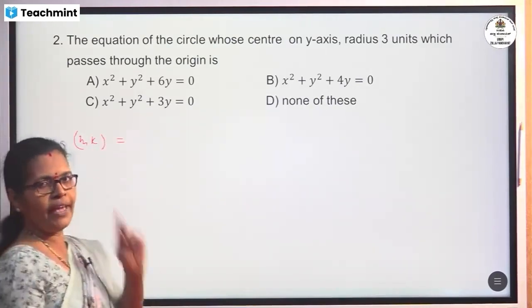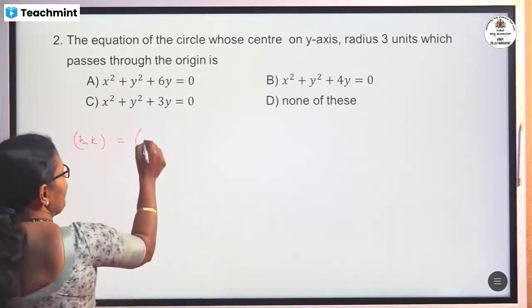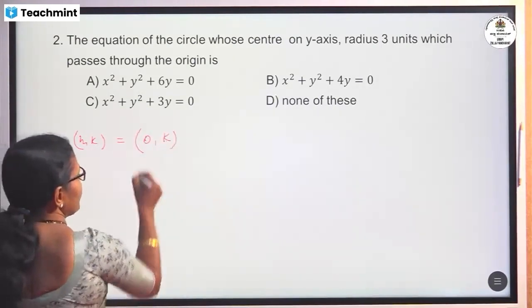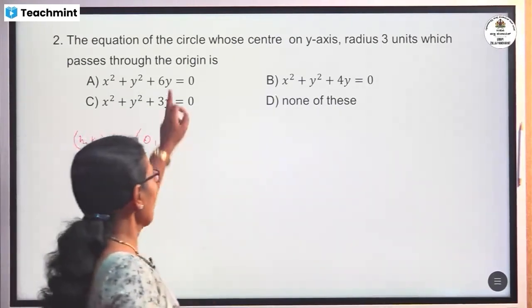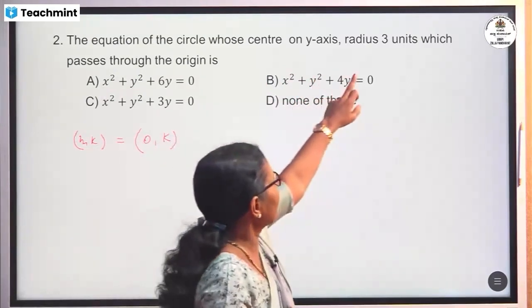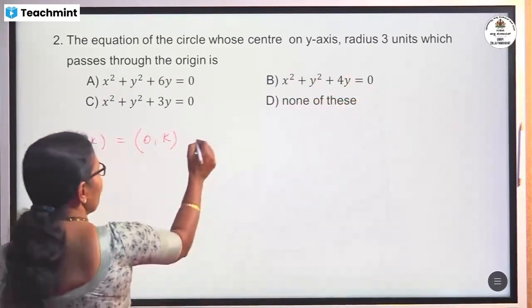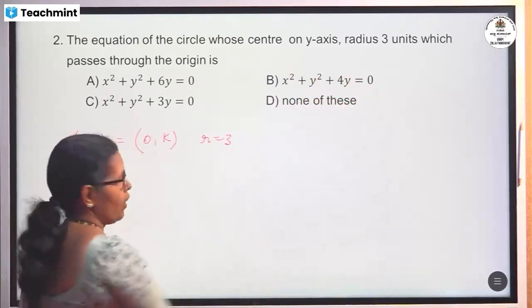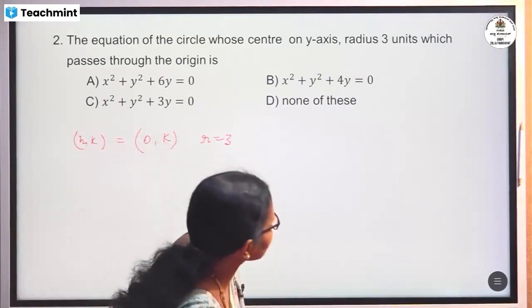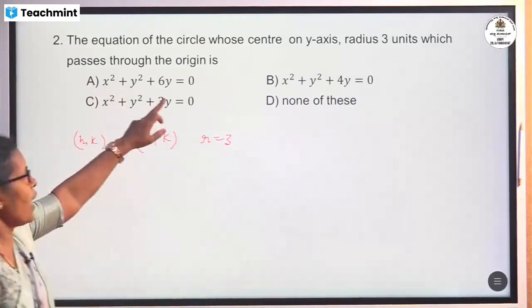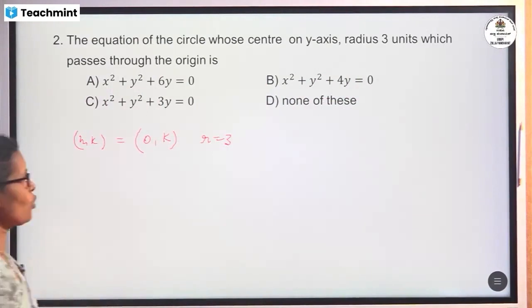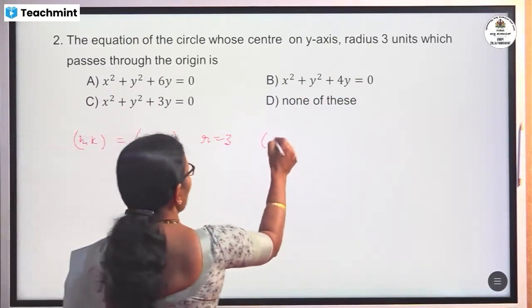Center on y-axis means x coordinate is 0, y coordinate is k. So center on y-axis, radius 3 units. Therefore, r is equal to 3 units, which passes through the origin, meaning 0, 0.